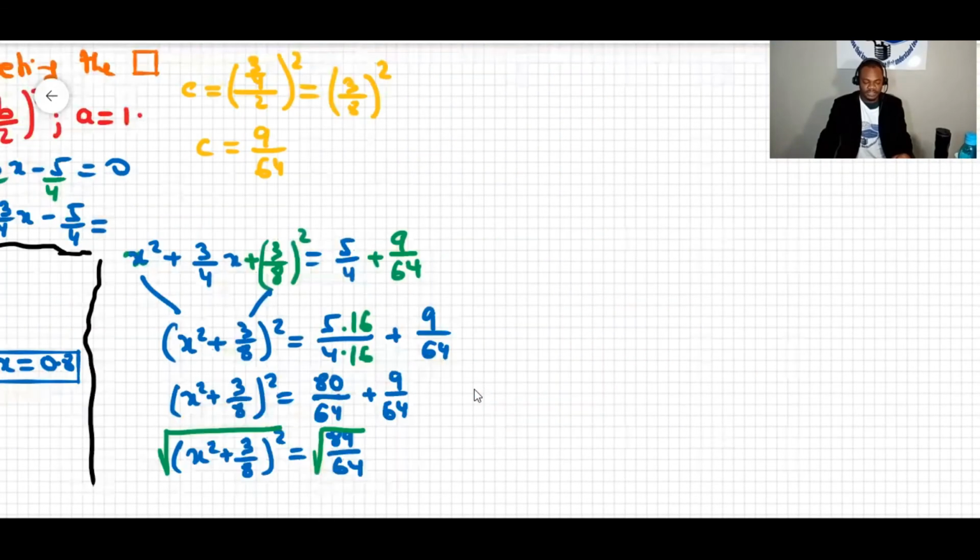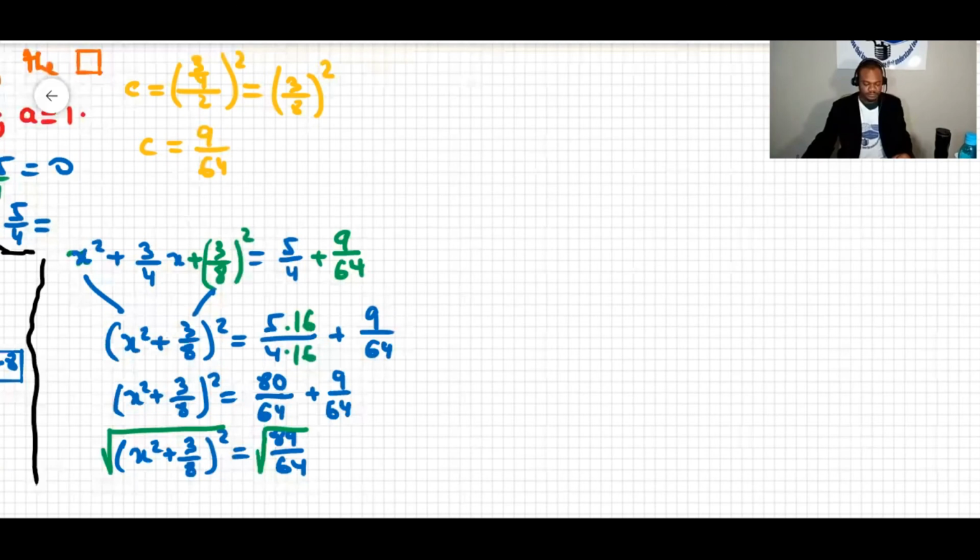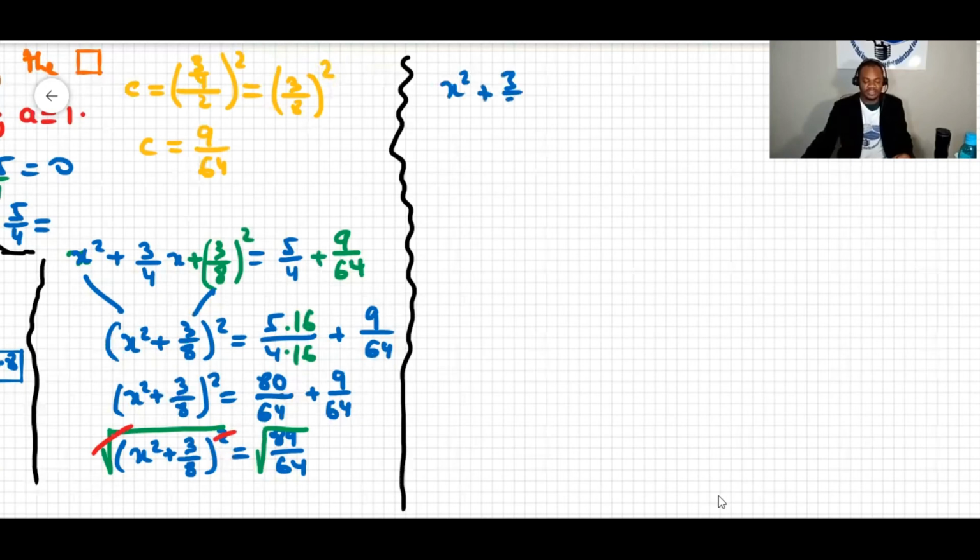If I do that, the square root and the power of 2 will cancel out, and then we are left with x plus 3 over 8, not to the power of 2 anymore, equal to root 89 over root 64.